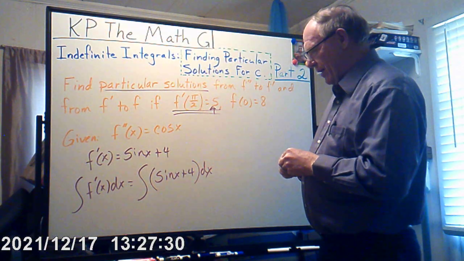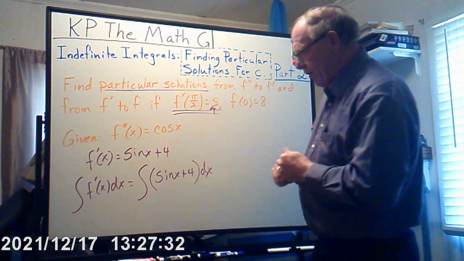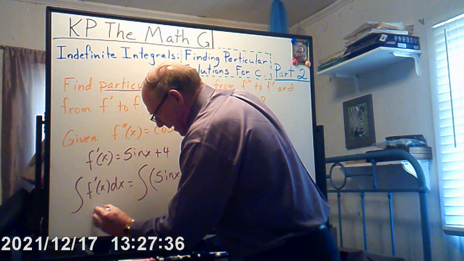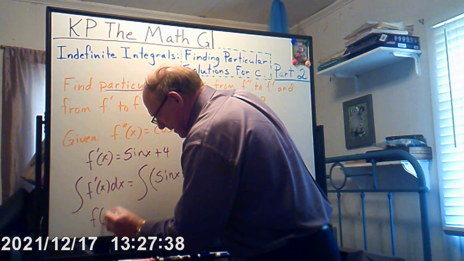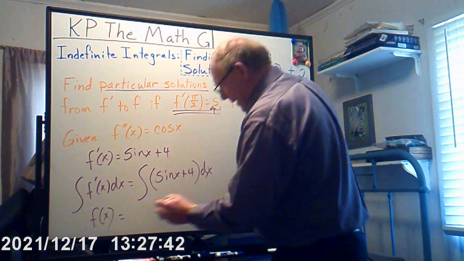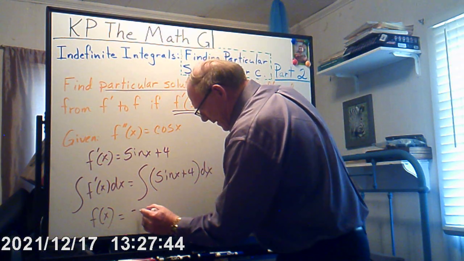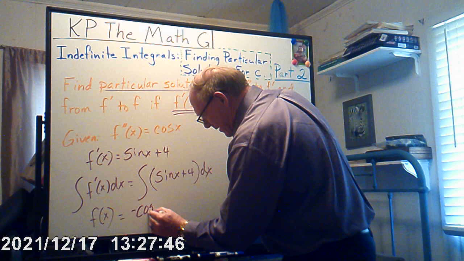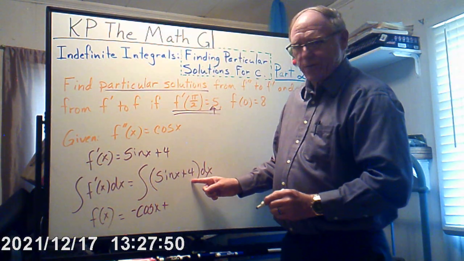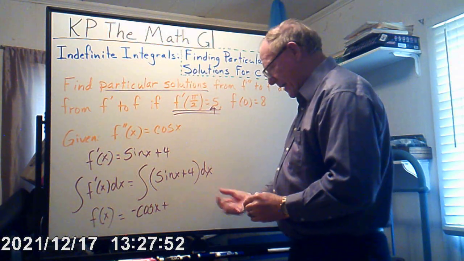Let's see what we get here. We know that the antiderivative of f prime at x is just f at x. And this is negative cosine of x. Remember now, the antiderivative of 4 is 4x.